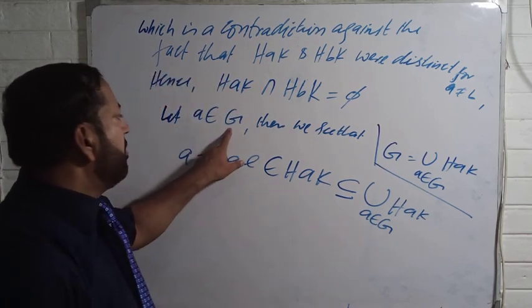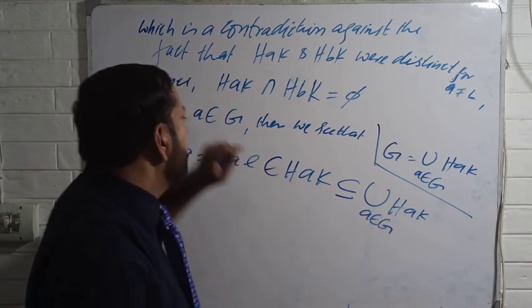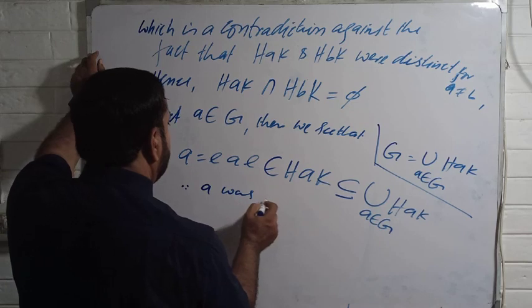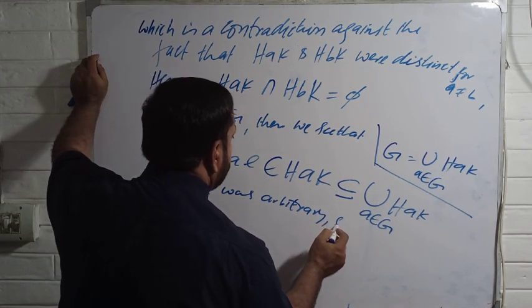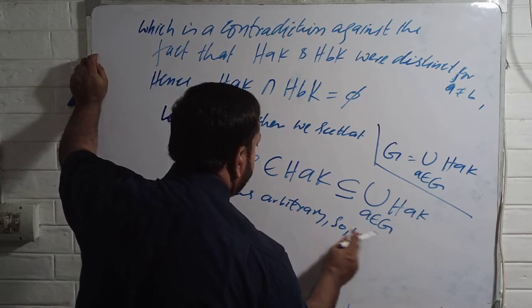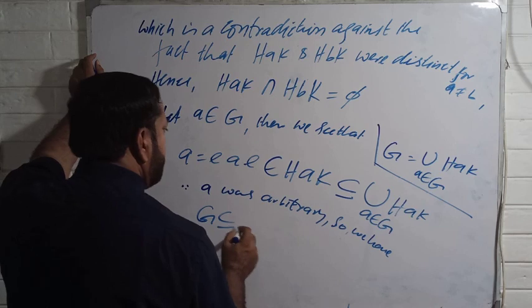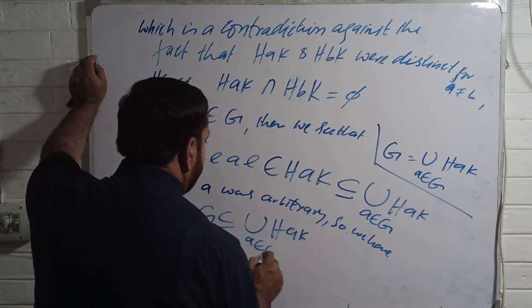Since A was an arbitrary element of G, this means that G is a subset of this. Since A was arbitrary, so we have G is a subset of the union of HAK, A belonging to G.